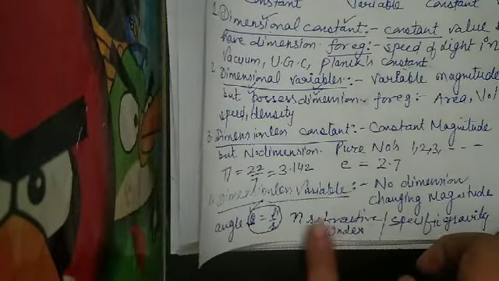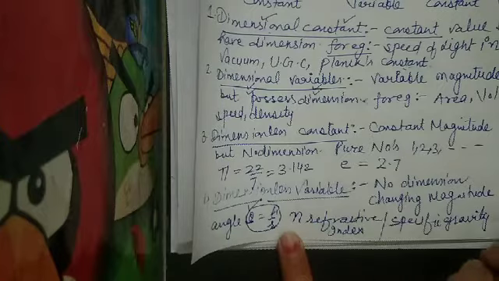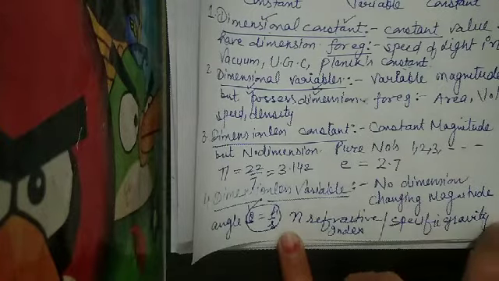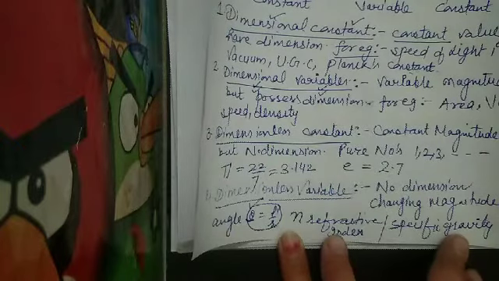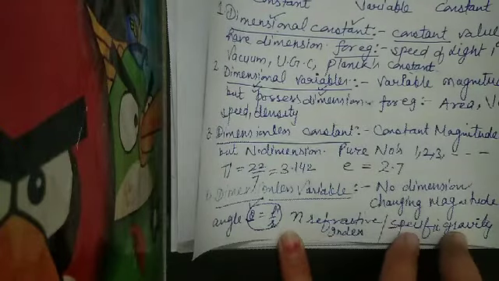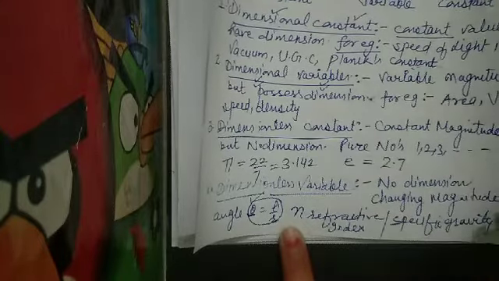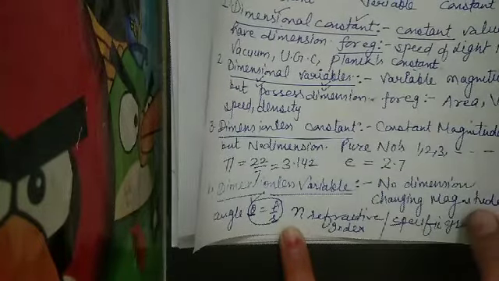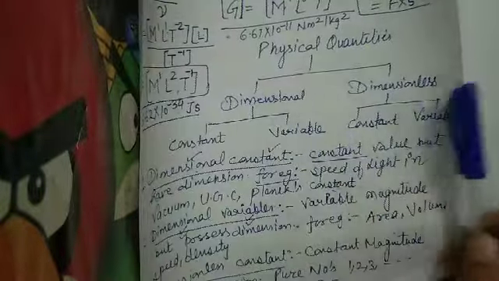These all are having no dimension, so they are dimensionless. But different substances have different refractive index, different medium have different specific gravity, so these are changing value, that's why they are termed as dimensionless variables. Okay, so these were the division of physical quantity on the basis of dimensions.